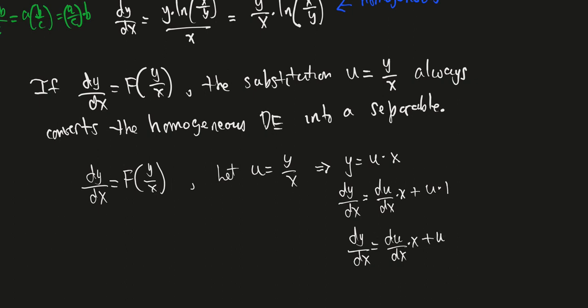So that means if I use these two equations, this one to replace the y over x, and this one to replace dy/dx, then I would have converted my differential equation from one that has y as the dependent variable to one that has u as the dependent variable.